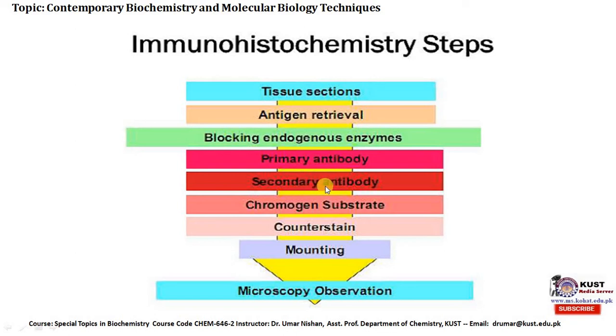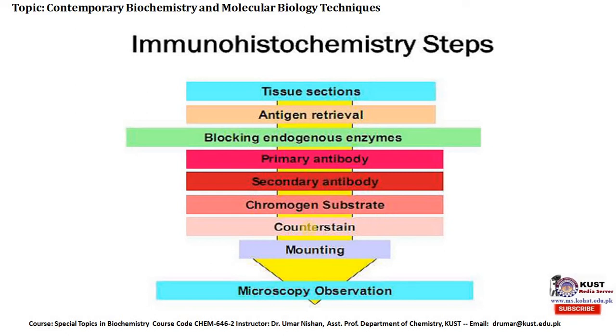And when we apply secondary antibodies, they will be able to attach to the primary antibody. These secondary antibodies are generally attached with a chromogen substrate or with fluorescent material, and when we look at the sections through a fluorescence microscope, for instance, we will be able to visualize them.